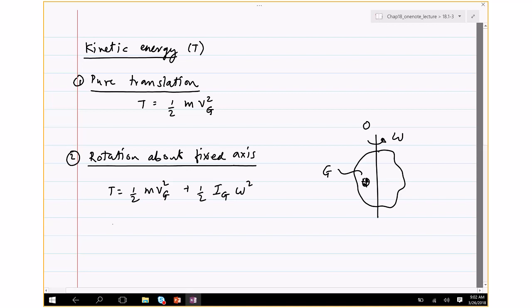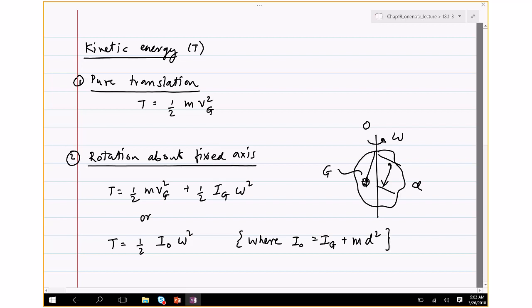You could also write this as half IO omega square, where IO is equal to IG plus m d square, where d is the distance between G and O. Right, that comes from the parallel axis theorem.